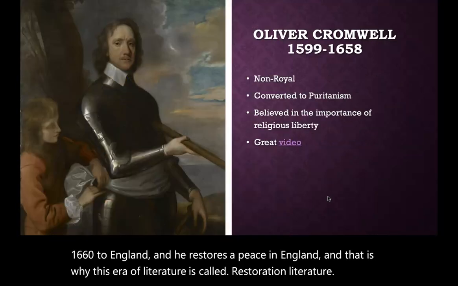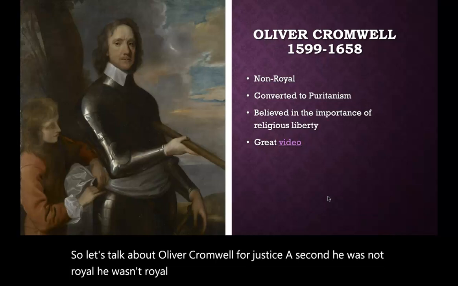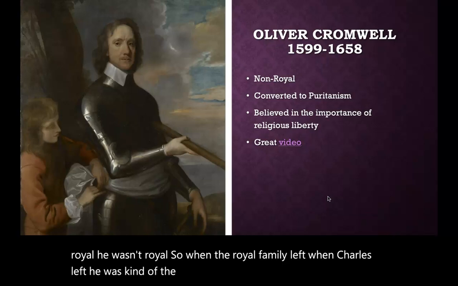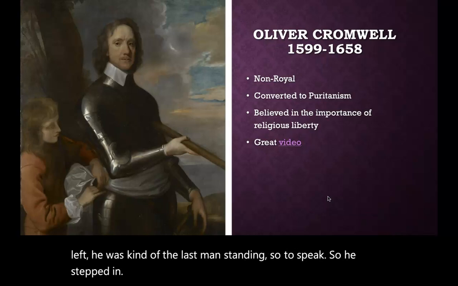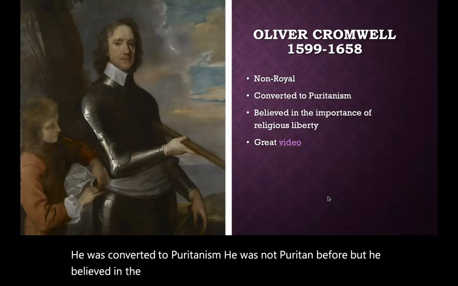So let's talk about Oliver Cromwell for just a second. He was not royal, so when the royal family left, when Charles left, he was kind of the last man standing, so to speak. So he stepped in. He was converted to Puritanism. He was not a Puritan before, but he believed in the importance of religious liberty.